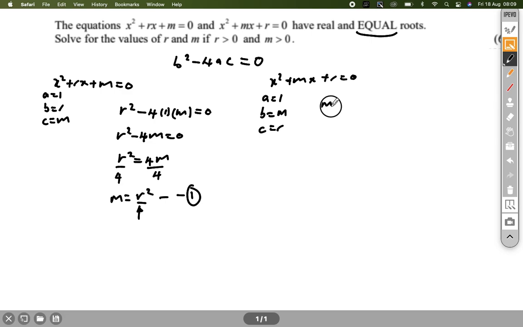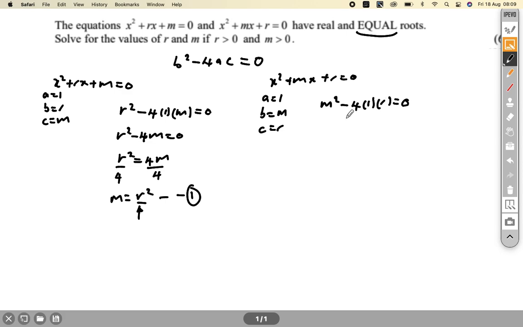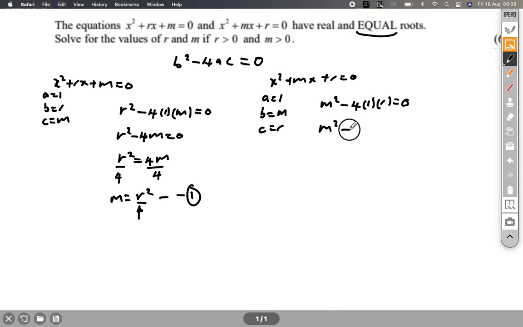So we're going to have m squared minus 4, our A is 1, C is r, and don't mind my ugly handwriting. So we're going to get that m squared minus 4r equals 0. This can be our equation number 2.